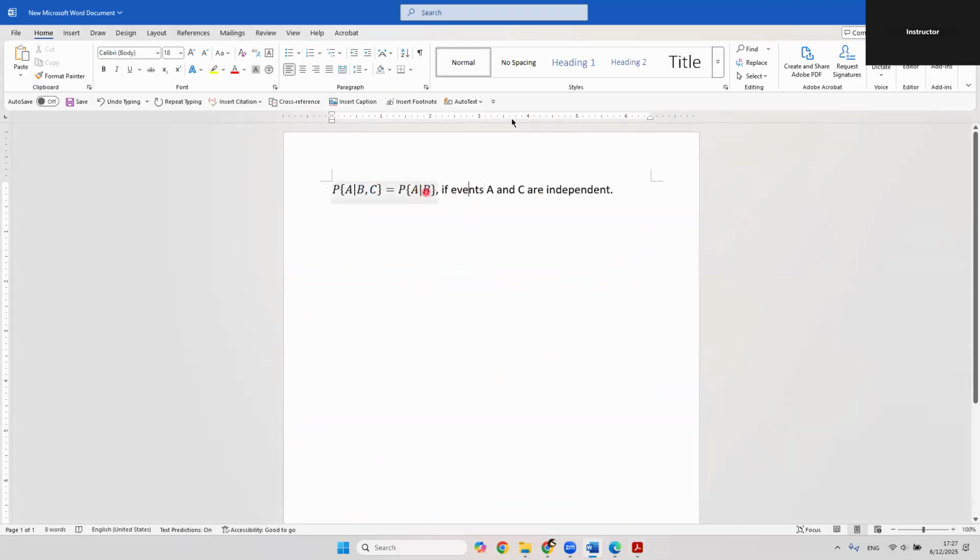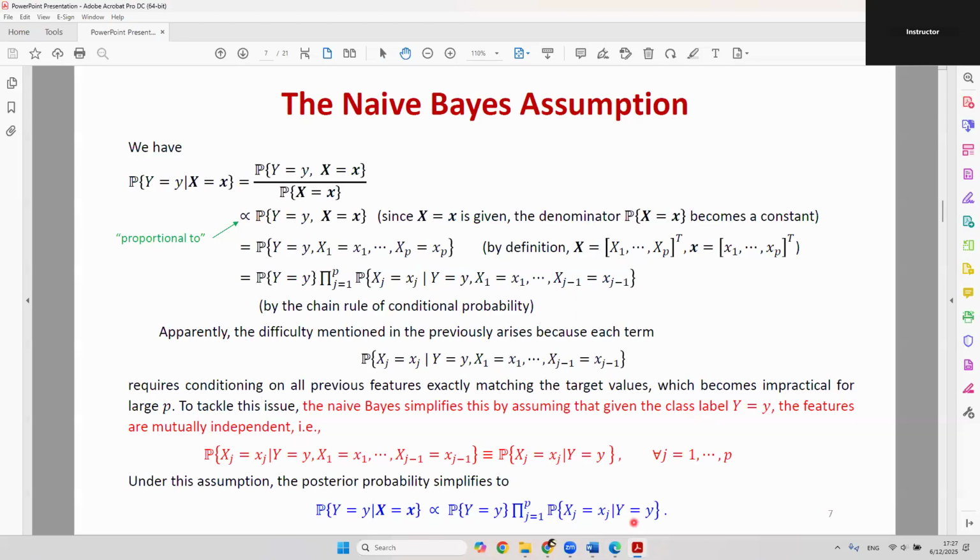You see what I mean? I can just drop them. Who cares? While this B here means Y = y. And hence, immediately, so many exact matches become only one item, which is Y = y. And hence, I immediately have this.